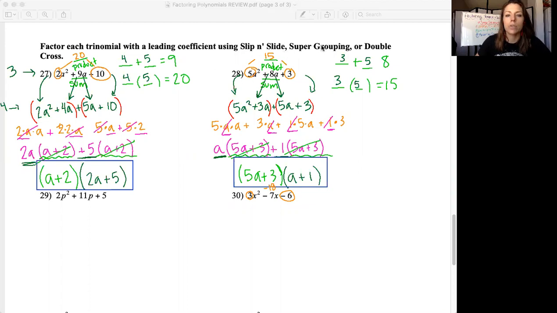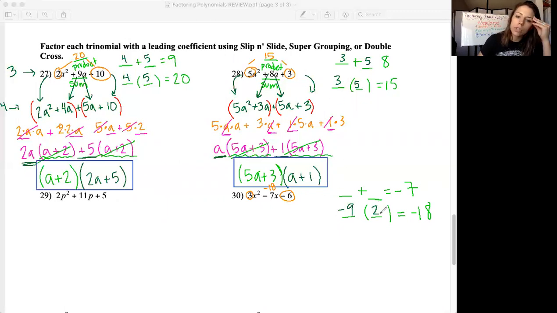So we're going to find two numbers that have a sum of the middle term, so a sum of negative 7 and a product of negative 18. What about negative 9 and 2? Yep, negative 9 plus 2 is negative 7, and negative 9 times 2 is negative 18.